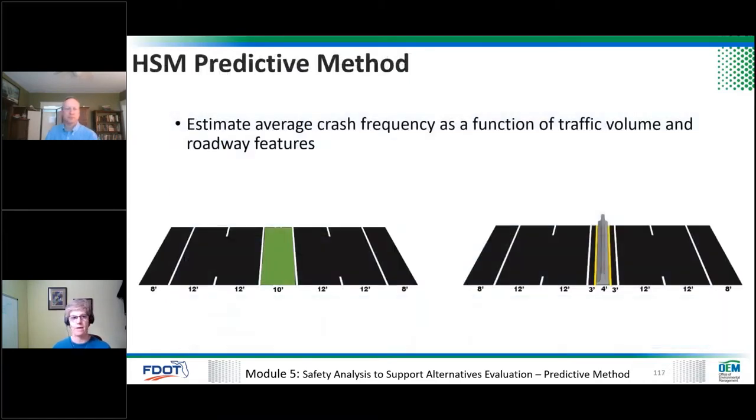So at the end of the day, the predictive method, which is part C of the Highway Safety Manual, lets you estimate average crash frequency for facilities as a function of traffic volume and the roadway features.